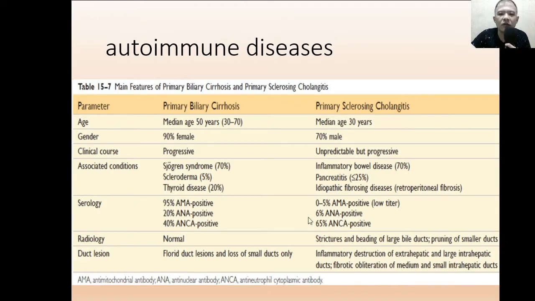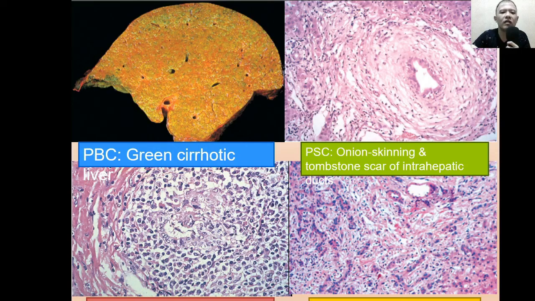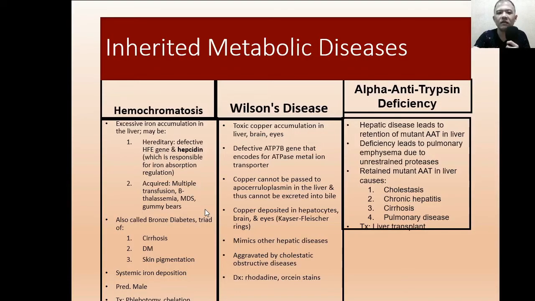For primary sclerosing cholangitis, majority is anti-neutrophilic cytoplasmic antibody positive. When we say florid duct lesion, that pertains to primary biliary cirrhosis, and the rest you can read on. So this is the onion skinning and tombstone scar in a PSC. Compare it to PBC, you have florid duct lesion.